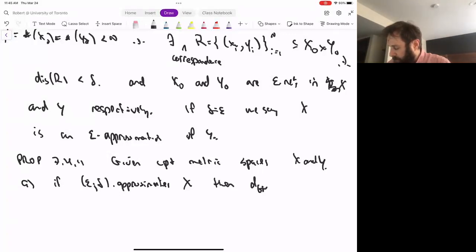then the Gromov-Hausdorff distance between them is less than 2 epsilon plus delta.